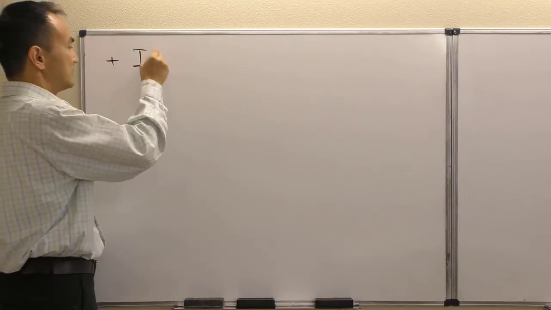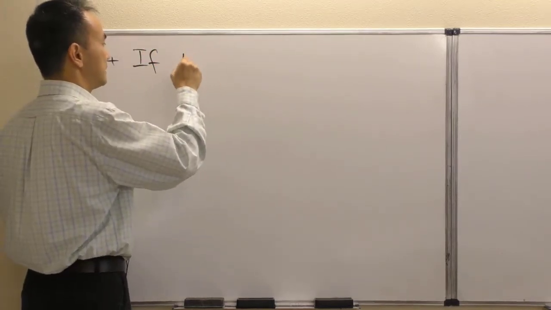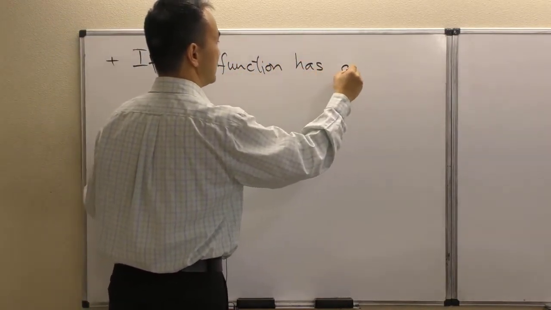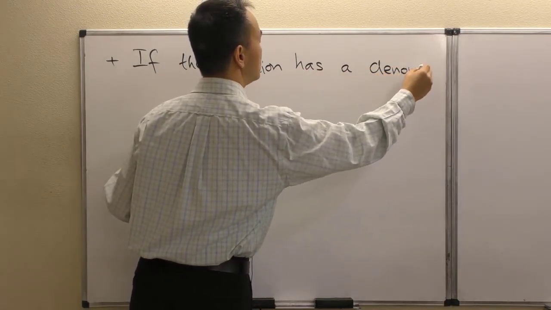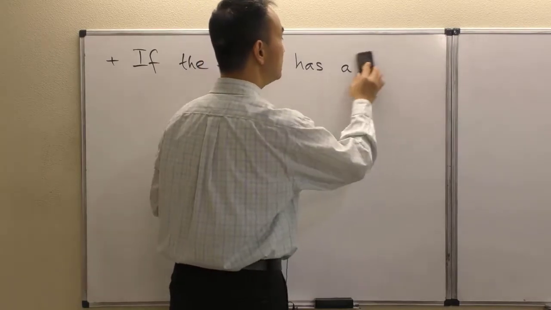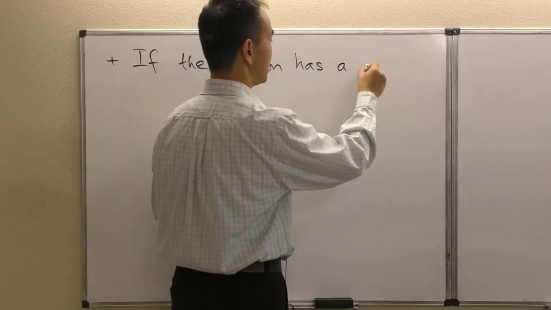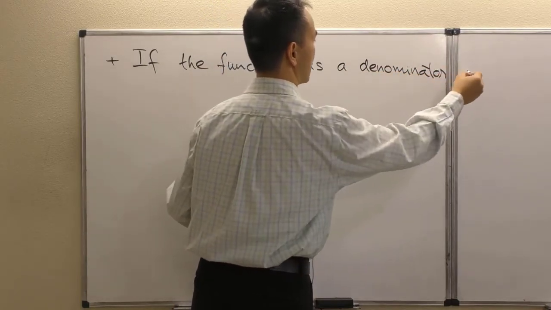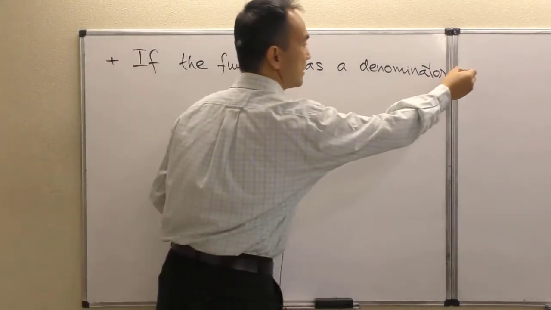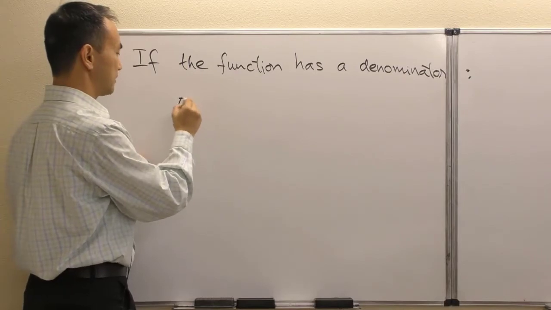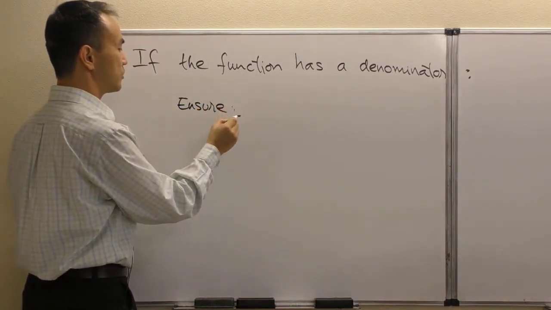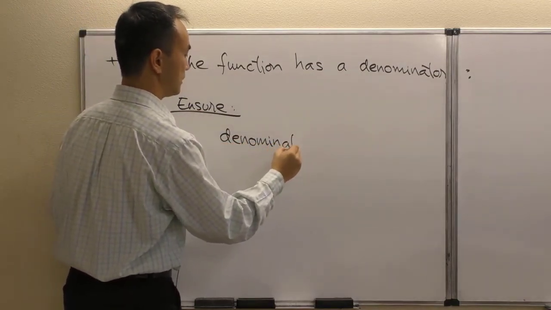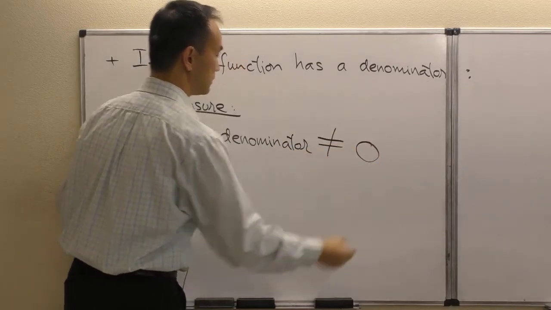Okay, if the function has a denominator, then we just need to ensure that the denominator is always not equal to 0.